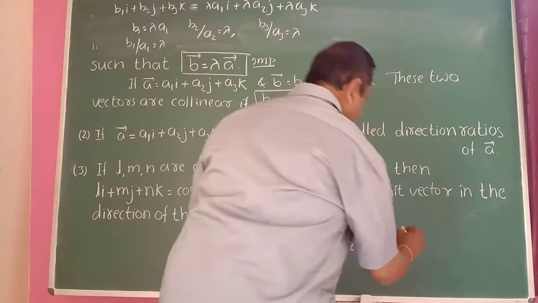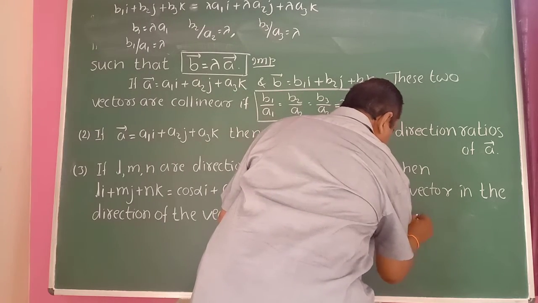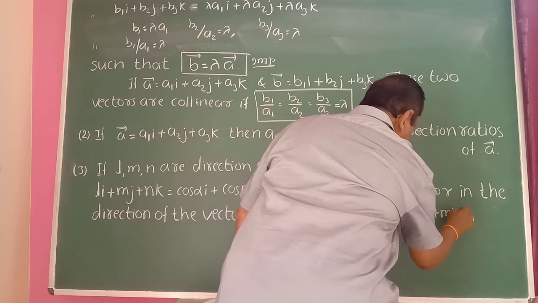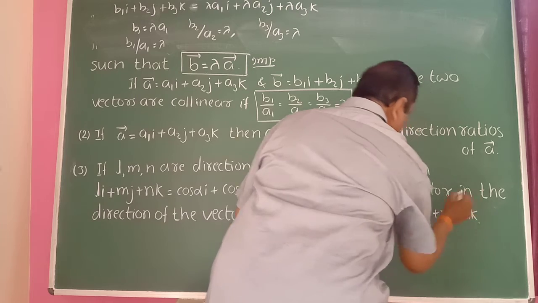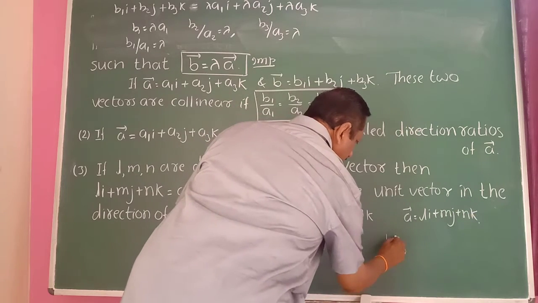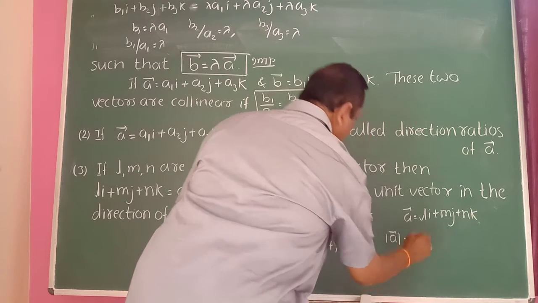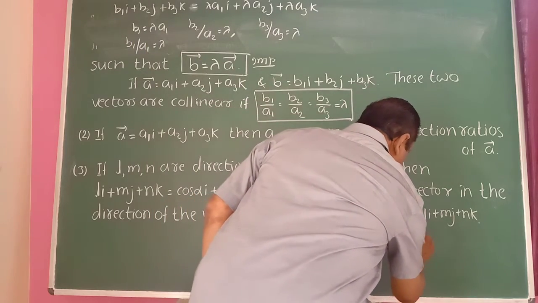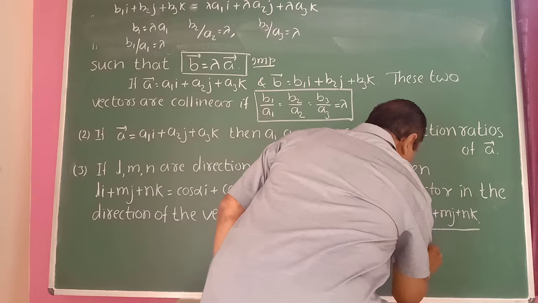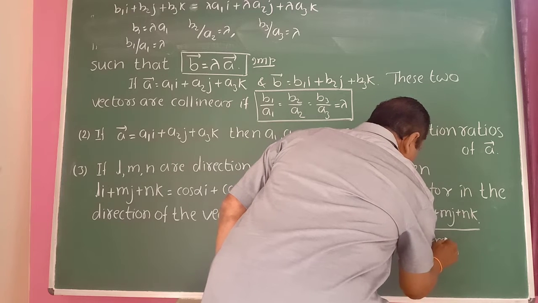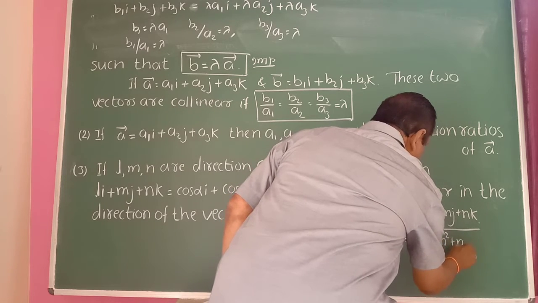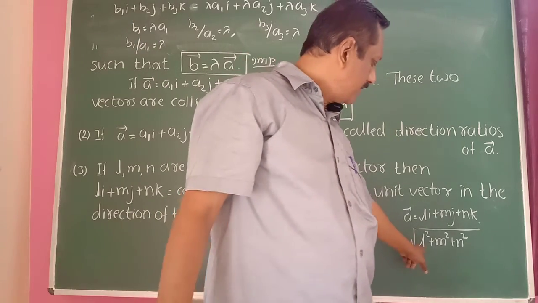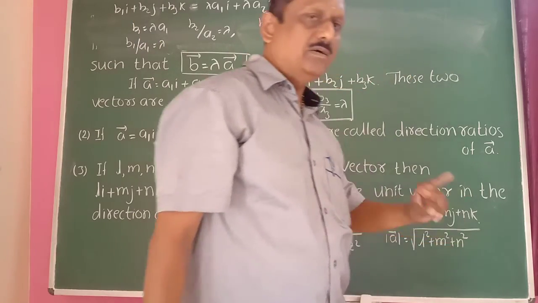Therefore, suppose a bar is equal to l into i plus m into j plus n into k. Then take its modulus using this formula, so root of l square plus m square plus n square. And you already proved that l square plus m square plus n square is 1.